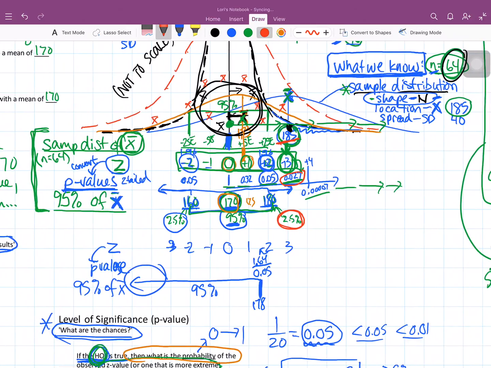If my sample size goes up, see here we had a sample size of 64, the width of my sampling distribution of the sample means gets narrower. If my sample size goes up, then my x-bar gets closer and closer and closer to the mean.